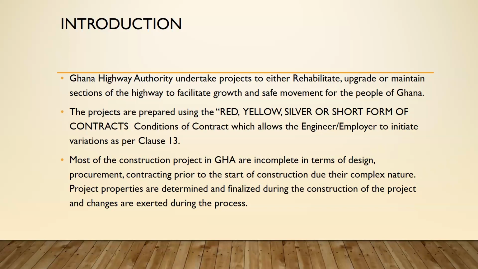Now, most of the construction projects in Ghana Highway Authority are incomplete in terms of design, procurement, and contracting prior to the start of construction due to their complex nature. So project properties are determined and finalized during the construction of the project, and changes are accepted during the process.